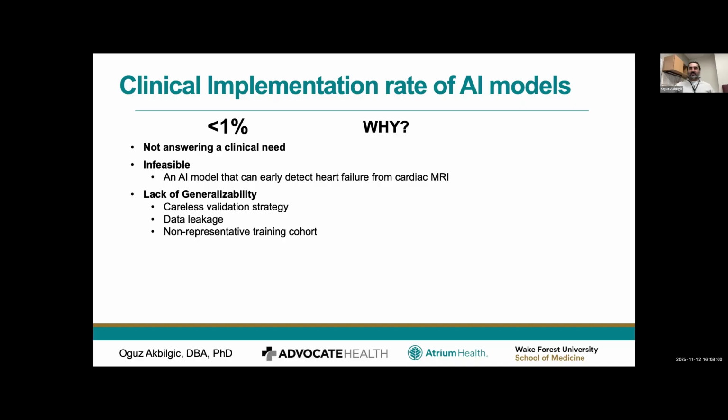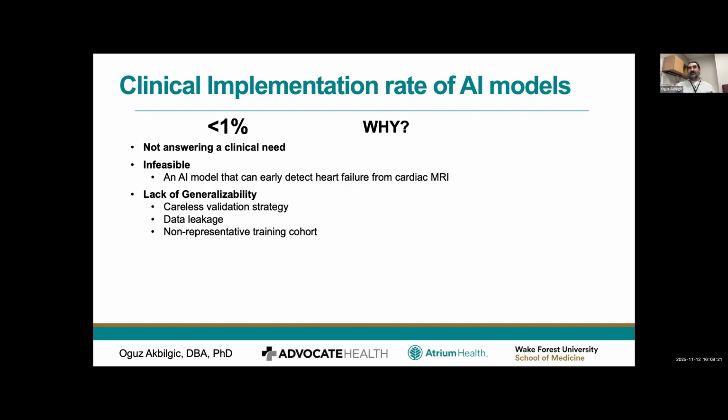And of course, the lack of generalizability, which is more our terminology in statistical modeling or AI. We want AI to work on the patient population that we are interested in, and generalizability may be lacking for multiple reasons.